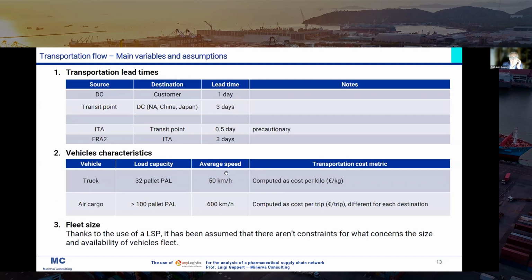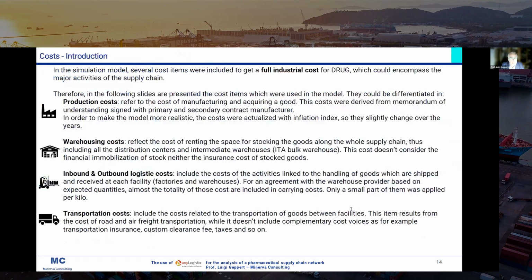These are the speeds necessary to reproduce the right simulation, the right digital twin, in anyLogistix. The costs are computed per kilo if we use a truck as a vehicle. And as far as air cargo is concerned, the costs are computed as cost per trip, in euros per trip, which are different, of course, for each destination.